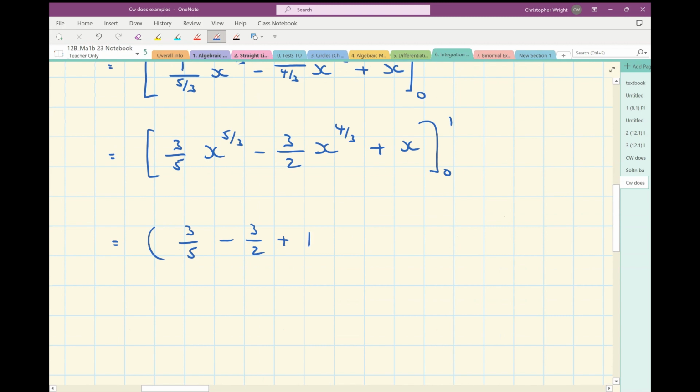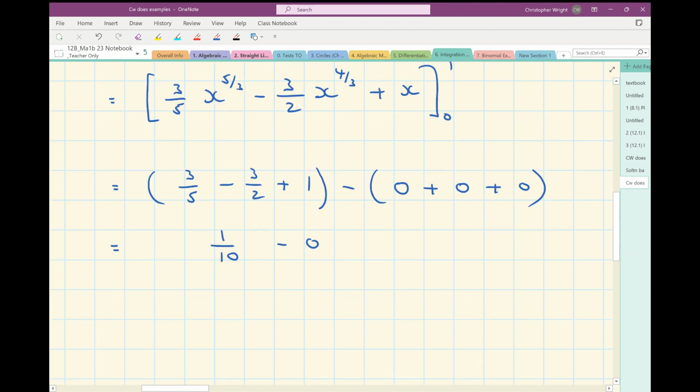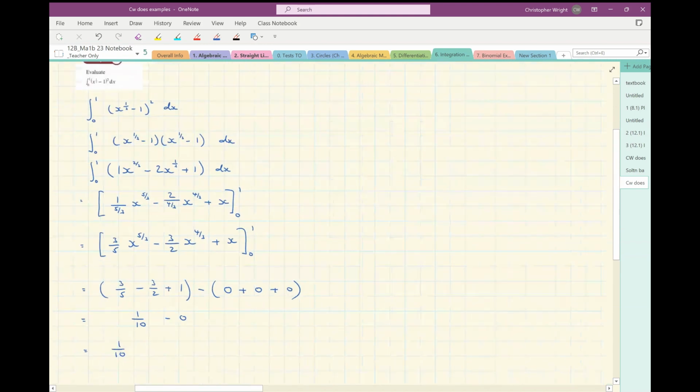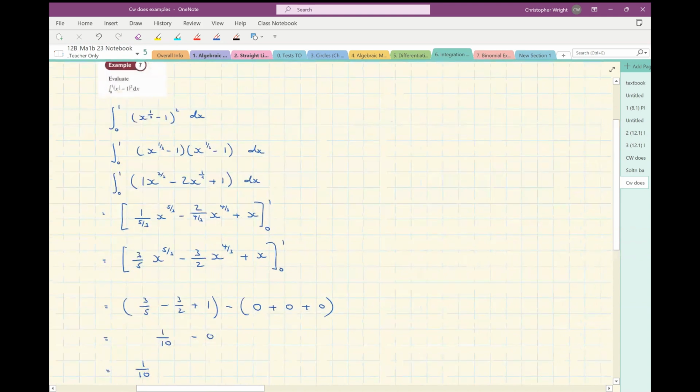There we go. And then I'm going to subtract the value of that expression when x equals 0, which actually in this case, each of those terms simply is 0. So that gives me, the first bracket works out at 1/10, and from there, of course, you're minusing nothing at all. So the value of that definite integral there is simply 1/10, and that is example 7 done.